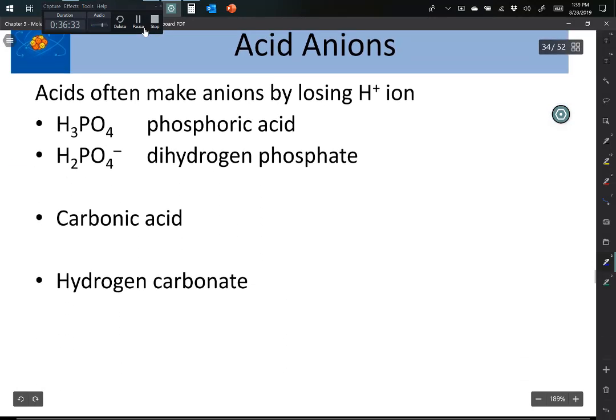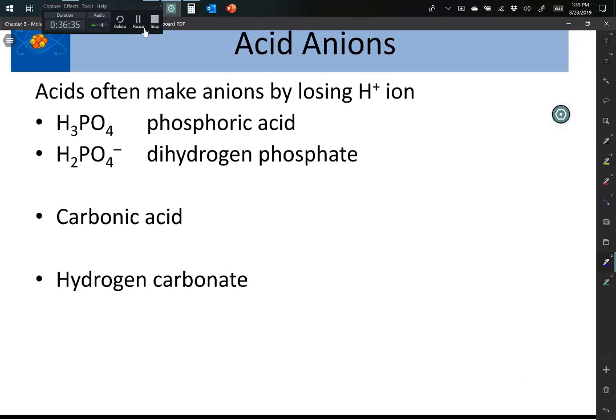Okay. So one of the things I have to talk about a little bit, because it's part of the nomenclature, sometimes we have what are called acid anions. So an acid has H in the front, right? This is phosphoric acid. But acid ions have H in the front, but they have a charge.